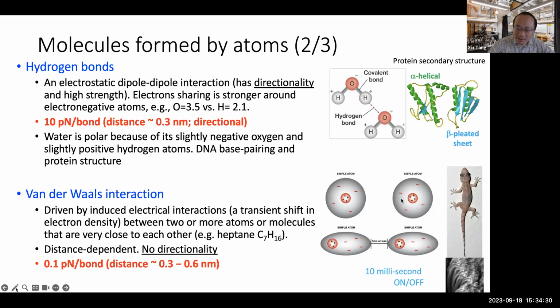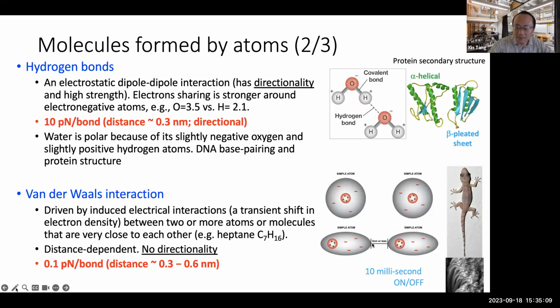And then for the second atom, if it shows the same kind of distribution, then the left-hand side positive region of the second atom can attract the negative side of the first atom on the right. Then they can attract each other. When they attract each other, they form a very stable interaction. And if these two atoms continuously show this kind of electron distribution, then this bond persists there.